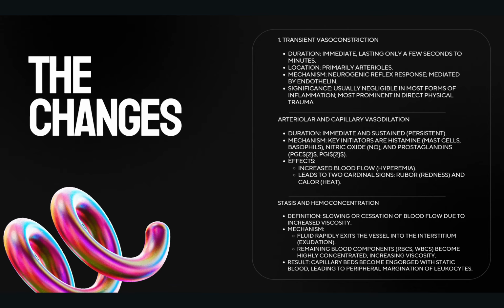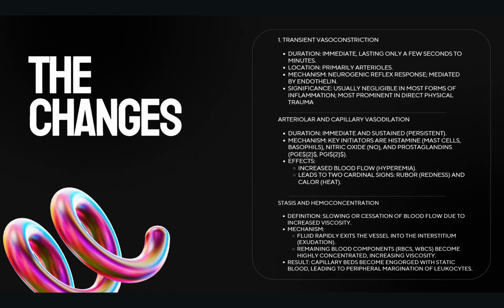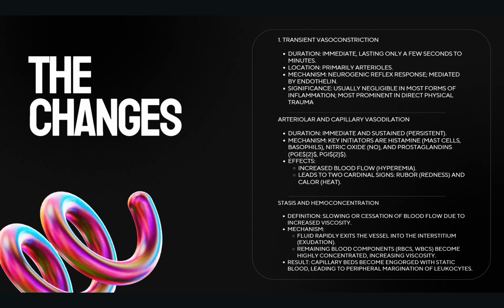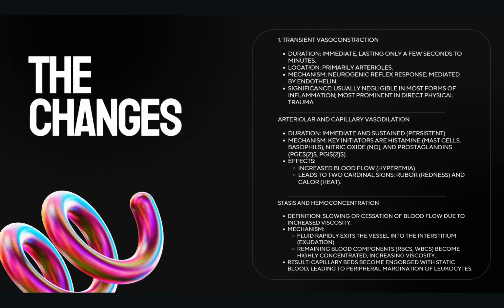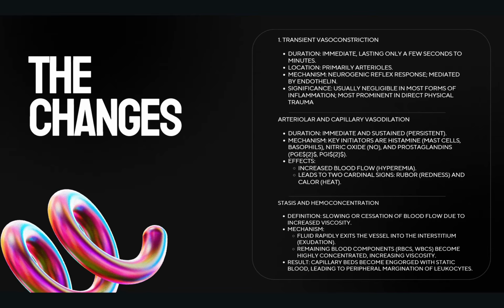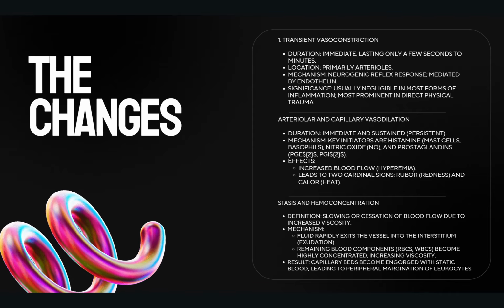This vasodilation results in a massive increase in local blood flow, a state known as hyperemia. This increased flow is directly responsible for two of the cardinal signs of inflammation, rubor and calor, due to the influx of warm arterial blood.